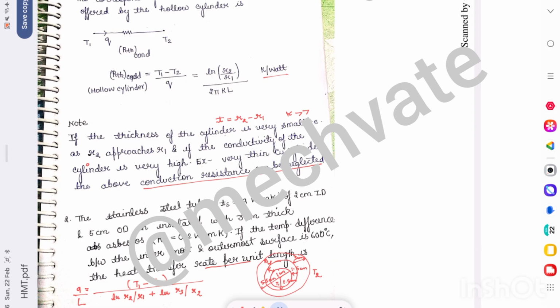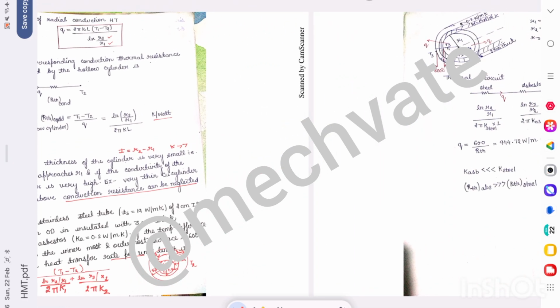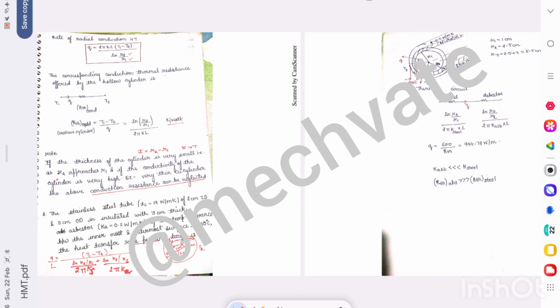The first resistance has 2 pi K1, and the second has 2 pi K2, where K2 is for asbestos and K1 is for stainless steel. So this is steel and this is asbestos, and the answer comes out to be correct.